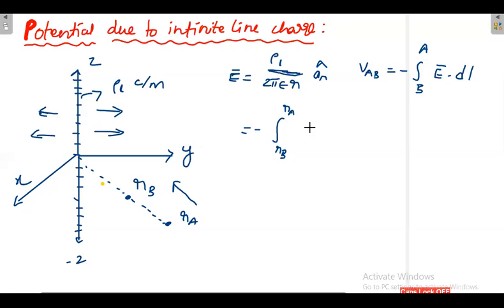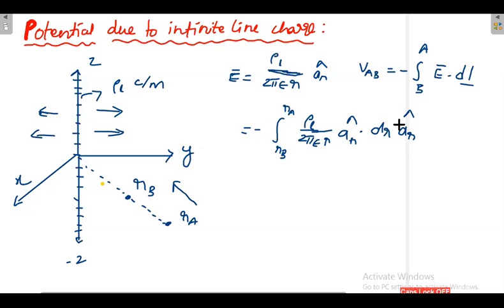Once we replace rho L divided by 2 pi epsilon r a r cap, what is the dl value? dl means dr ar cap, dl is equal to dr ar cap.